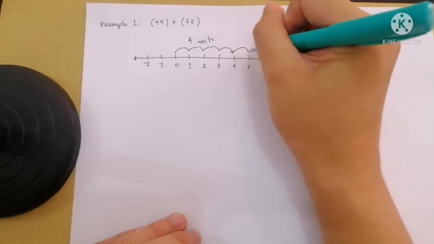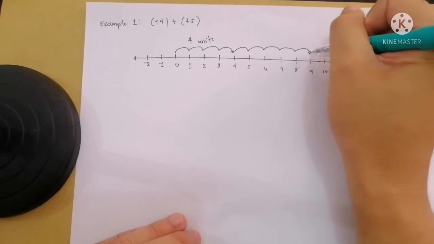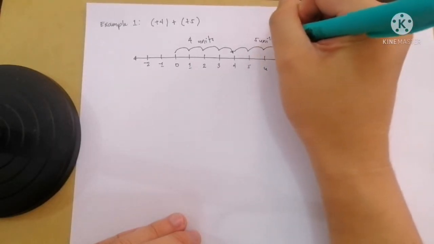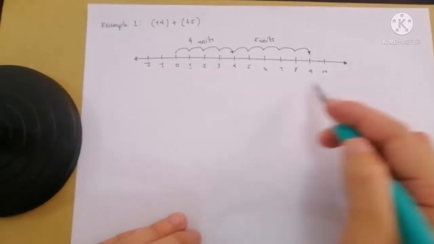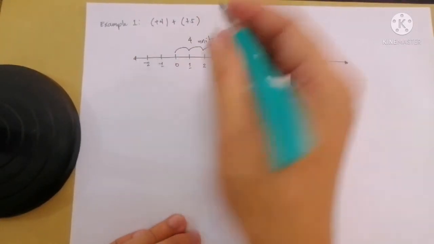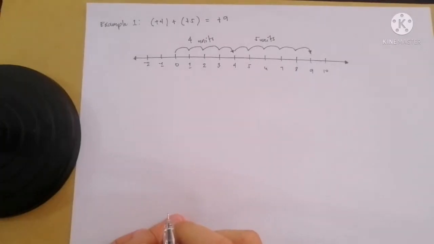So we have here 1, 2, 3, 4, 5. So we landed on positive 9, that is 5 units away from positive 4. So positive 4 plus positive 5 is equal to positive 9. As simple as that.